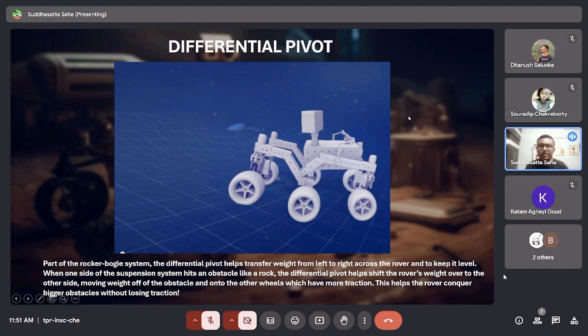That type of mechanism, which prevents a tall structure from toppling, is also involved in shifting or transferring weights to the side which is more stable. So it is an analogy, but you can understand it that way, that it helps the rover remain stable no matter what either side of the rocker bogie encounters. And that helps in going over any sort of obstacle. That is how things are.